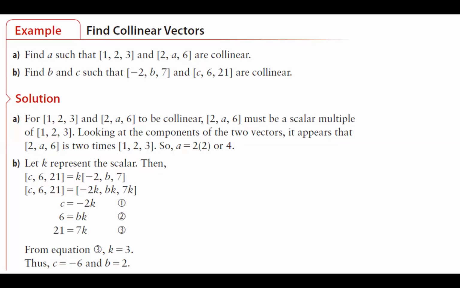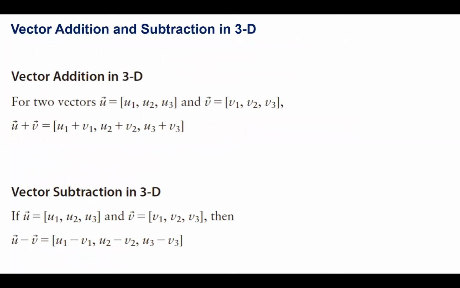So note here, many of the tools we develop for 2D vectors can be easily modified for 3D vectors. Next, let's have a look at vector addition and subtraction in 3D. The 3D vectors can be combined to determine resultants in a similar way to 2D vectors.